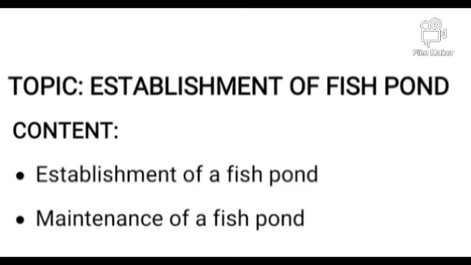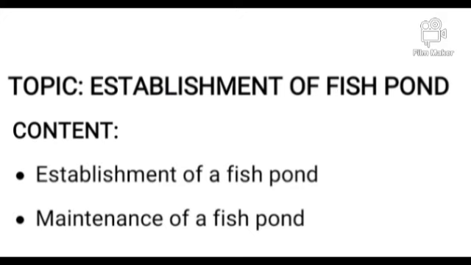Under this topic, we'll be talking about establishment of a fish pond and also maintenance of a fish pond. How can an earthen pond be established, and how can we maintain this pond after establishment? The first factor we need to consider in establishment of a fish pond is site selection.